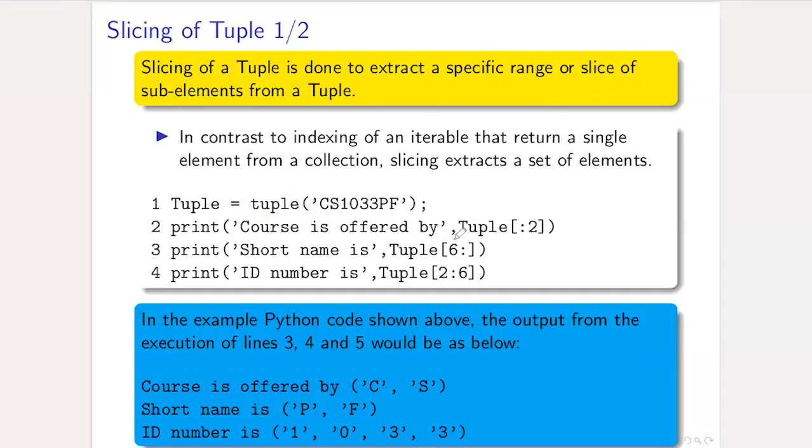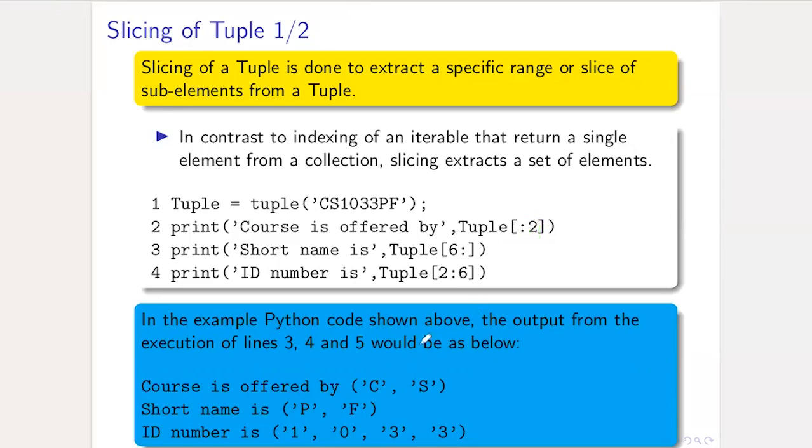In this first line, I am slicing the tuple from the beginning to the second element. As you know, when we do the slicing notation and leave it empty here, that means it is the first element. So this will have the elements at addresses 0 and 1, because it goes up to 2, not including 2.